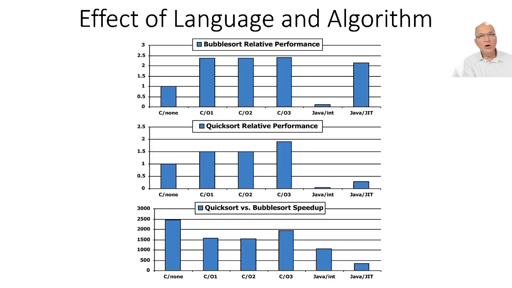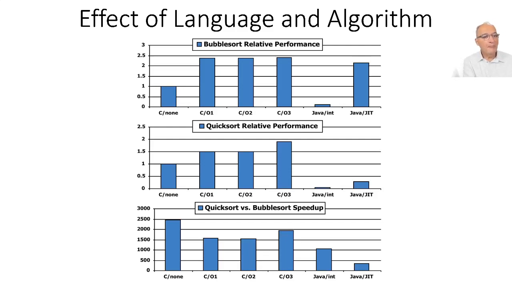If I do no optimization, then the quicksort version will be 2,500 times faster than the bubble sort implementation. For the highest level of optimization in C, the difference is about 2,000 times faster.